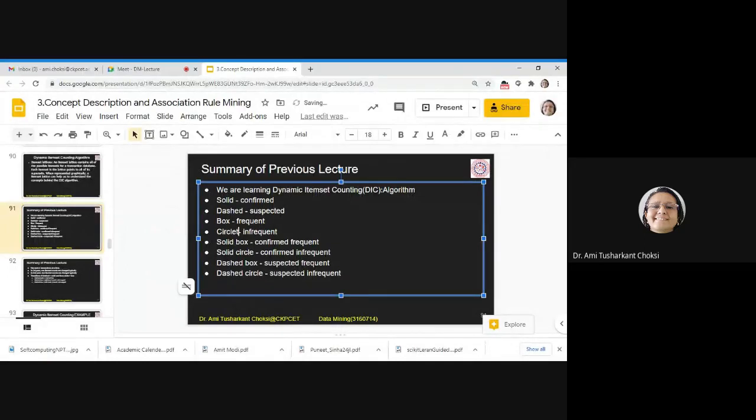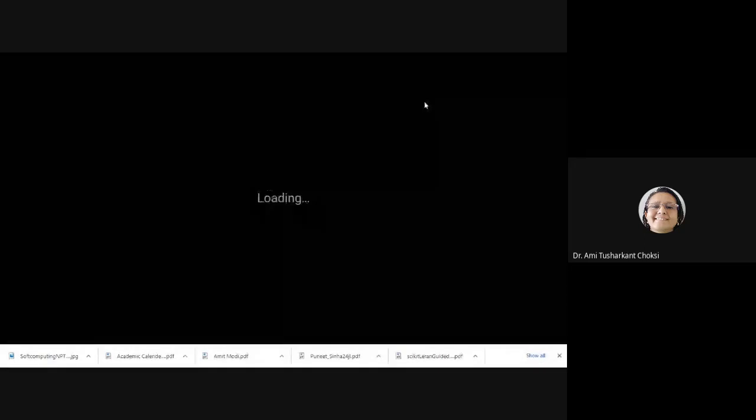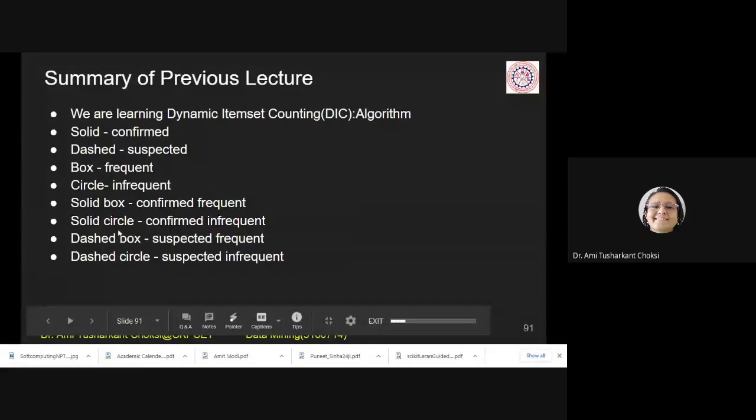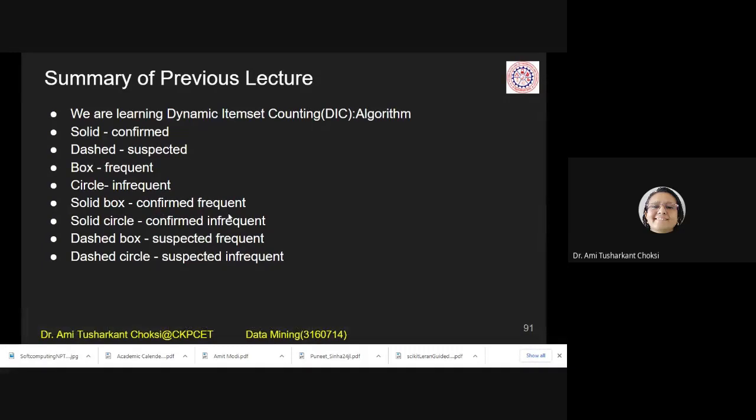So solid box means confirmed frequent, since solid means confirmed and box means frequent. Solid circle means confirmed infrequent. Dashed box means suspected frequent, and dashed circle means suspected infrequent.